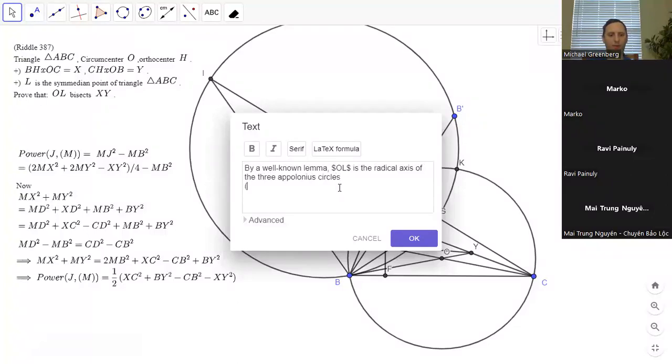Now I'm going to write what that is, i.e. the circles through a vertex and the feet of the internal and external angle bisectors.